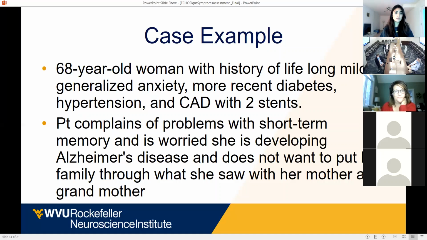She comes in complaining of problems with her short-term memory, and she's worried that she's developing Alzheimer's disease. What she says very clearly to begin with is she does not want to put her family through what she saw her mother and her grandmother go through when they both had that disease.